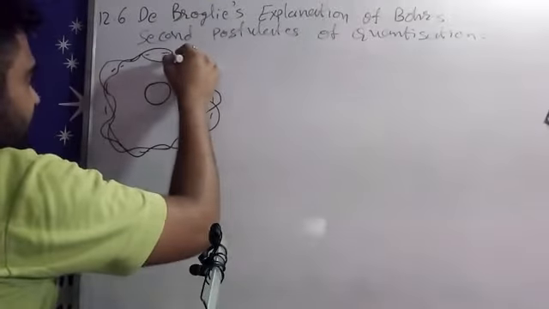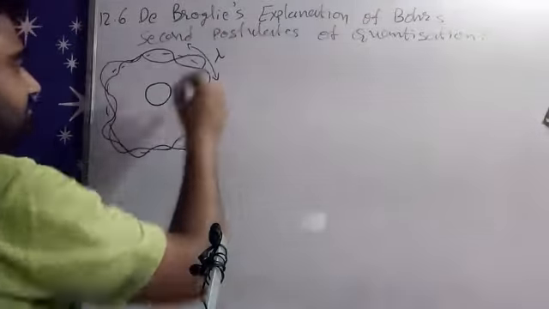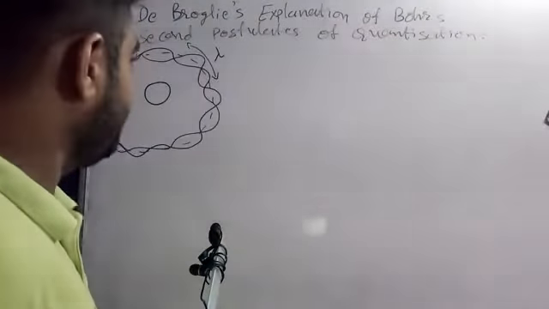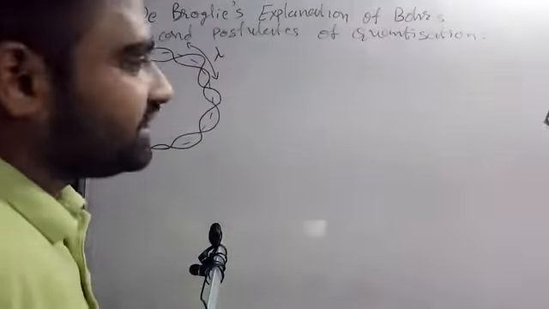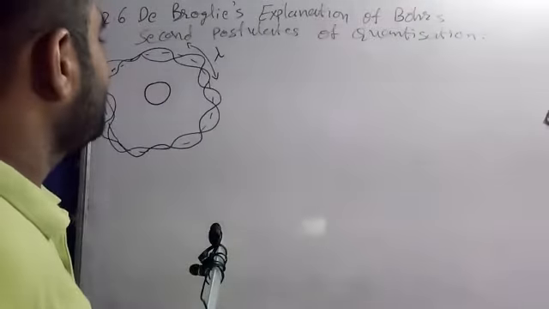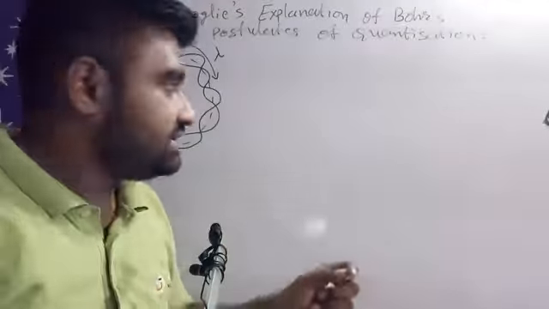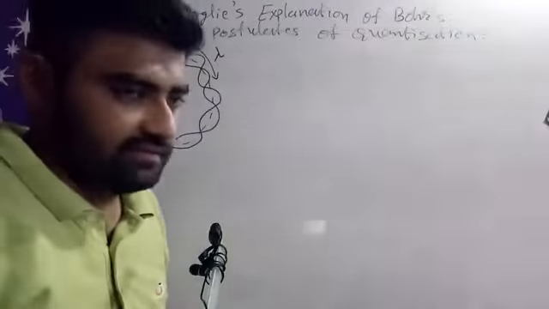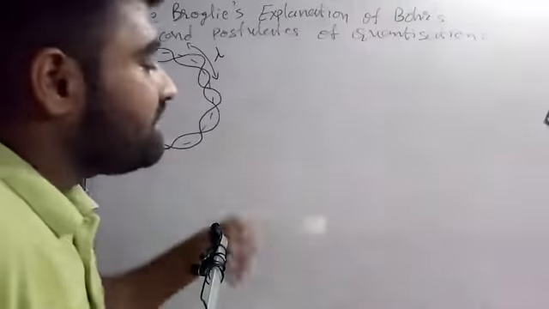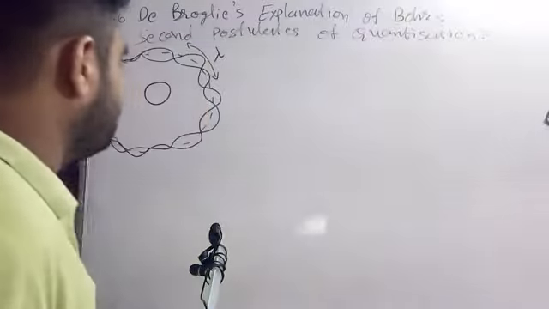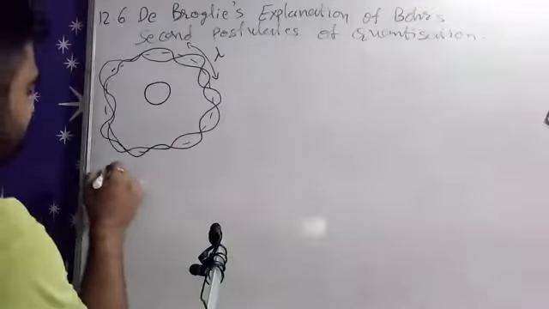For one oscillation, the distance traveled is called lambda. If the electron travels 4 lambda to complete one circle, then we know that the circumference of any circular orbit is 2 pi rn.